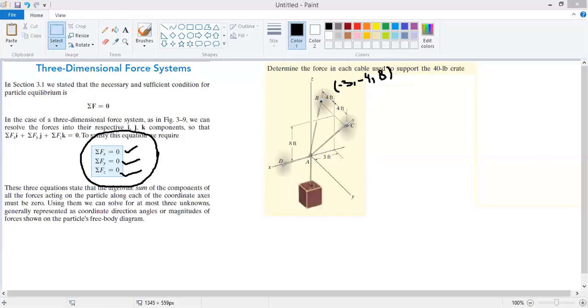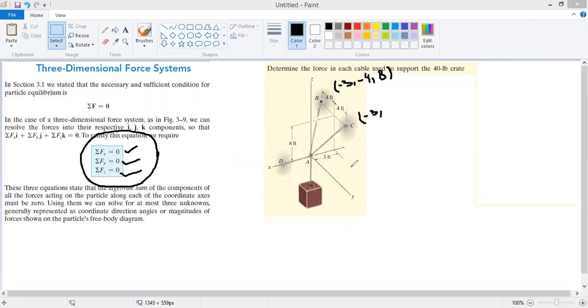Similarly, if you look at the point C, the x coordinate of point C is -3. Sorry, yes, the x coordinate is again -3.